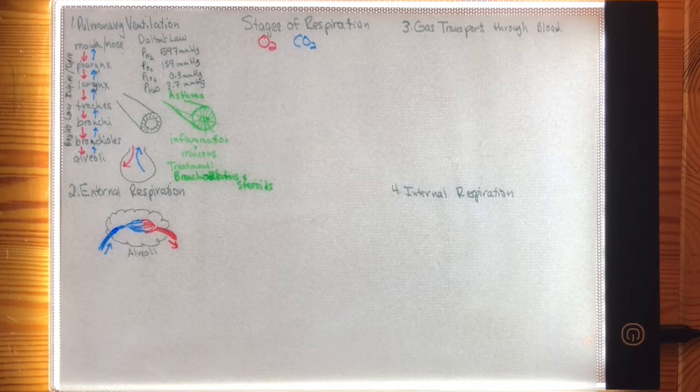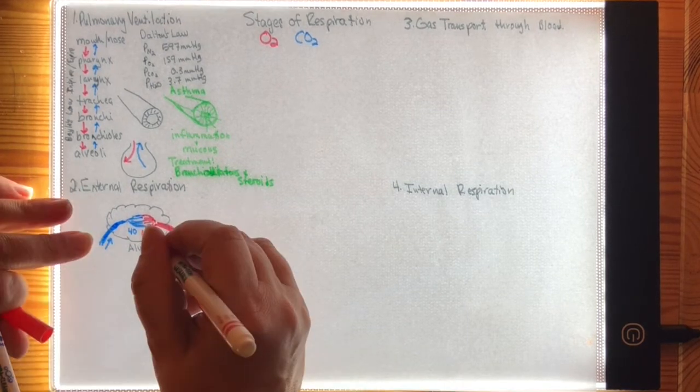Blue represents lesser oxygenated blood, and red represents fully oxygenated blood. So that's what the lungs do. They allow blood to become fully oxygenated, going from blue to red.